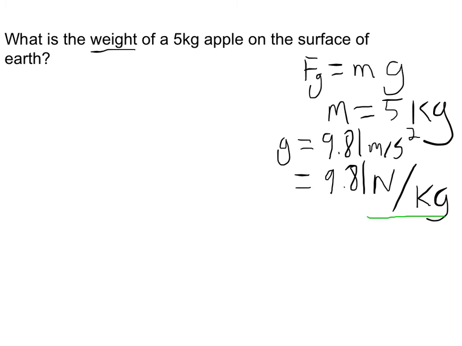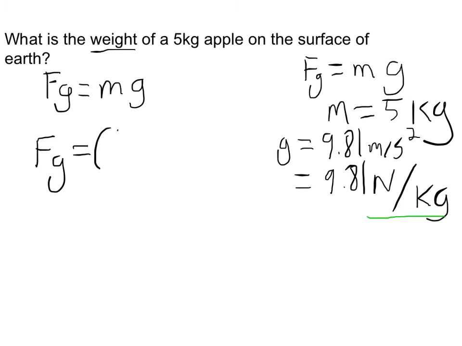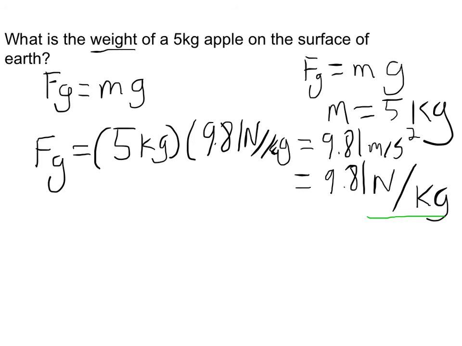Alright, here we go. Weight equals mass times gravity. And since the equation is already solved for weight, we can just sub in 5 kilograms times 9.81 newtons per kilogram. And for convenience, we can always approximate with 10 as gravity instead of 9.81.